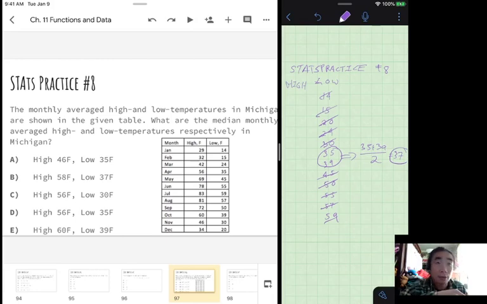As I scan my answer choices for just the lows, you see that B is the only one with 37 as the median. So that's why it has to be B. And you don't have to calculate all the other ones. Awesome. B is the correct answer.